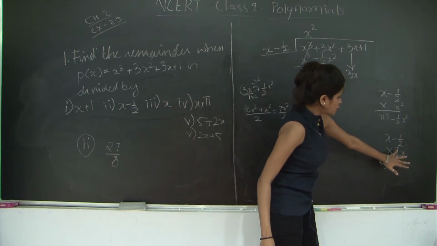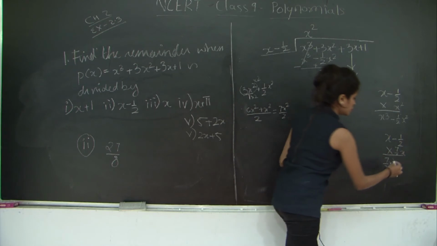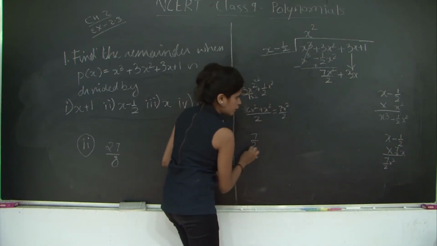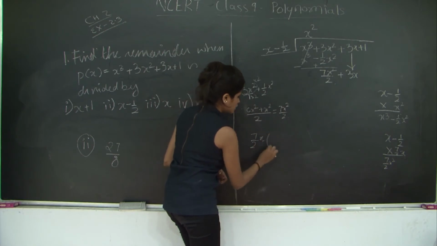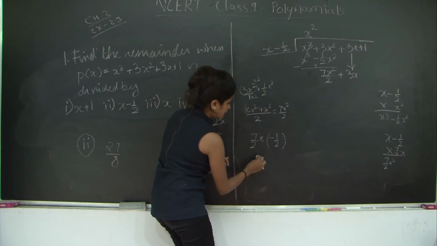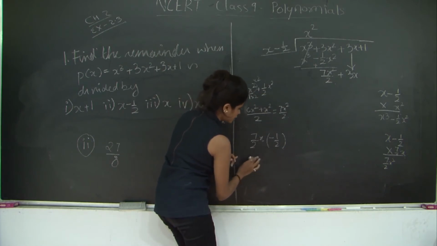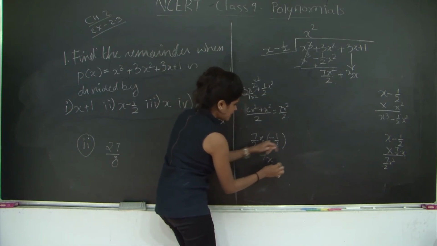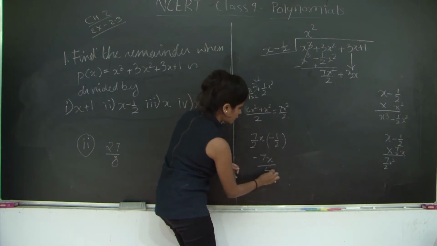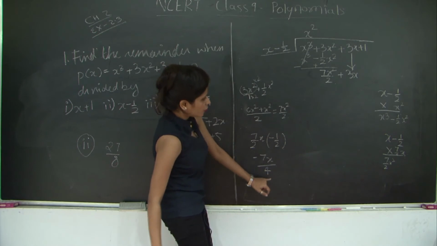Now 7 upon 2 x into minus 1 upon 2 gives me 7 ones are 7. You have x and there is a negative sign here, and 2 2s are 4. So minus 7x upon 4.